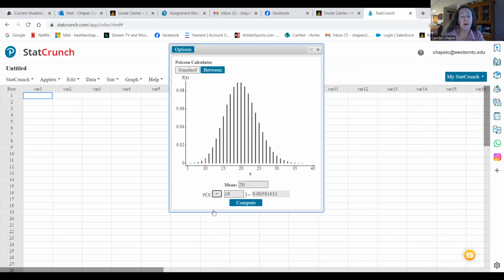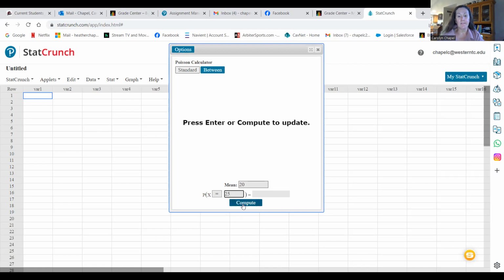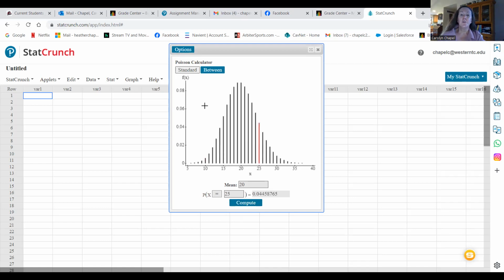The nice thing about StatCrunch versus Excel is we do have these options of inequalities versus equal to, and we are trying to find equal to 25. You'll notice that it does give us a nice picture, and you can see that nice looking bell happen.